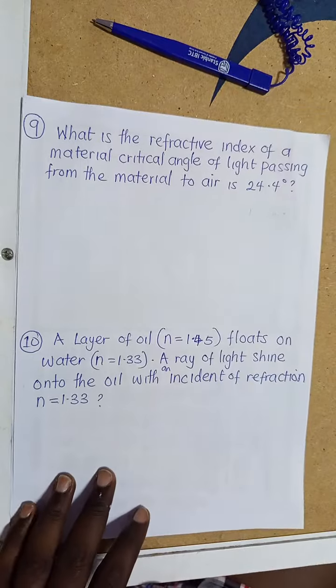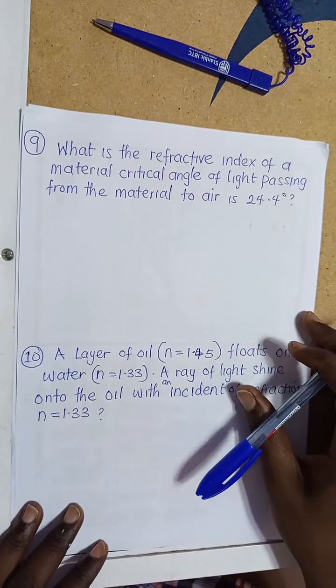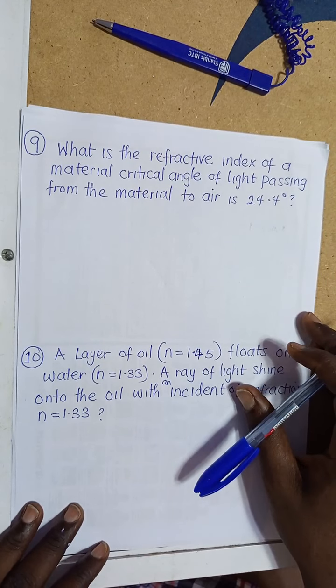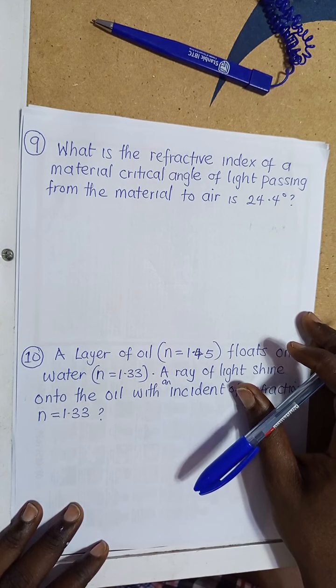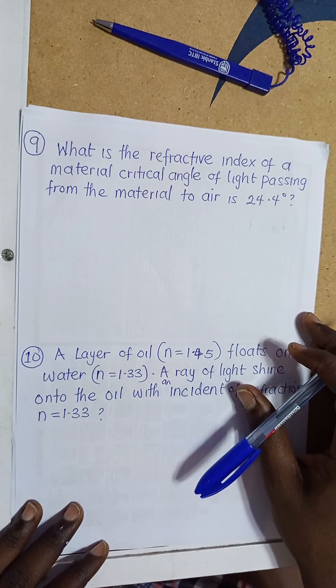So let's go to number 9. Number 9 says, what is the refractive index of a material if the critical angle of light passing from the material to air is 24.4 degrees?